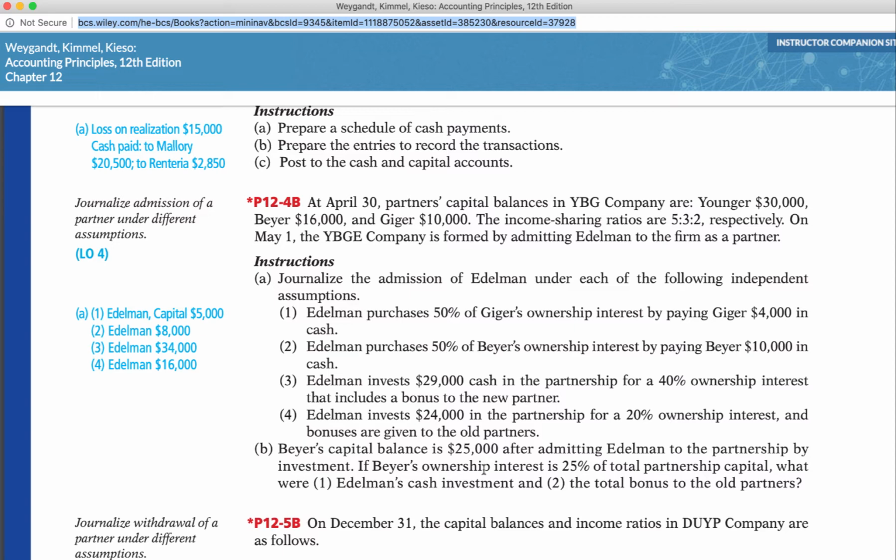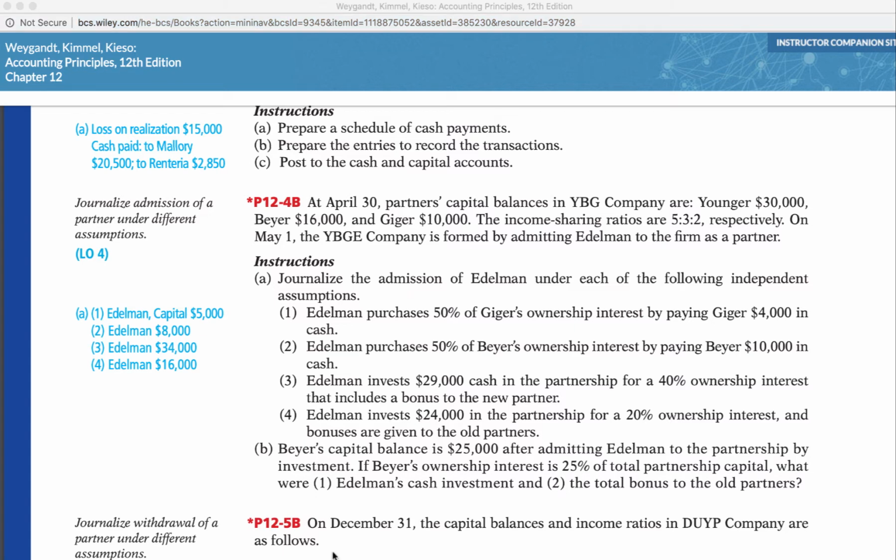If Bayer's ownership interest is 25% of the total partnership capital, again, after we let this new person in, what were Elderman's cash investment, and what is the total bonus to the old partners? Really easy for us to do.